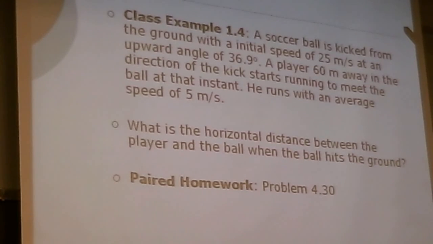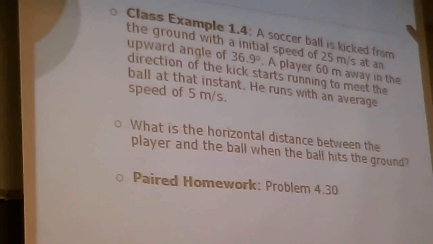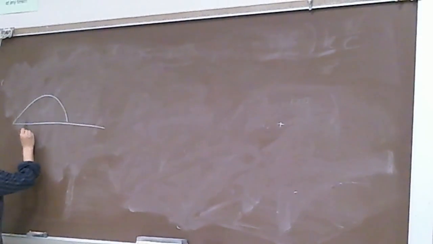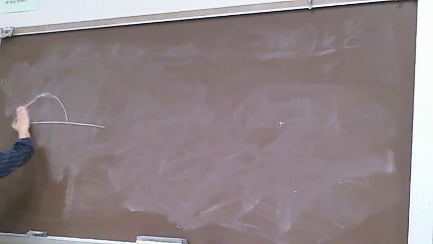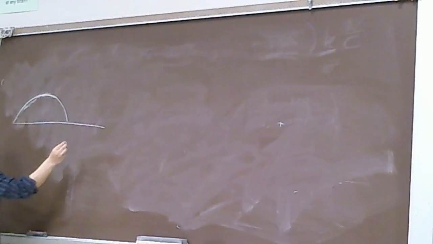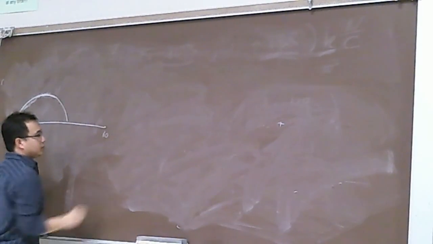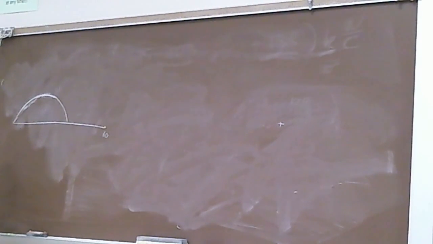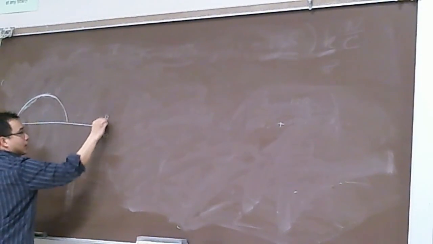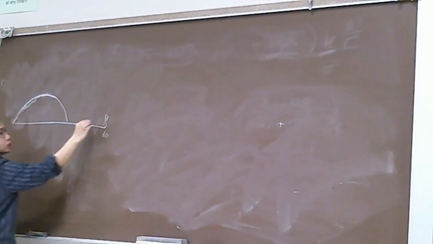Motion like this. Someone kicks the ball, so it will go in projectile motion like this. And 6 meters away from the hitting point, someone is running in this direction.